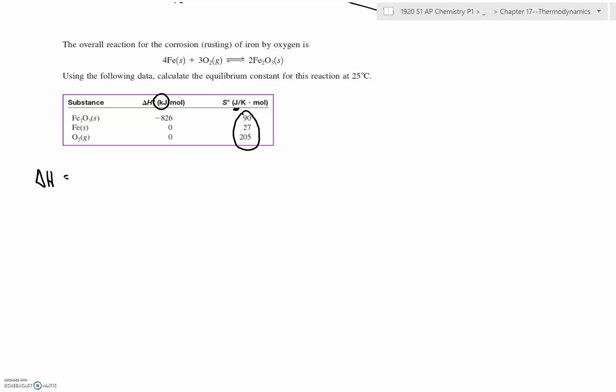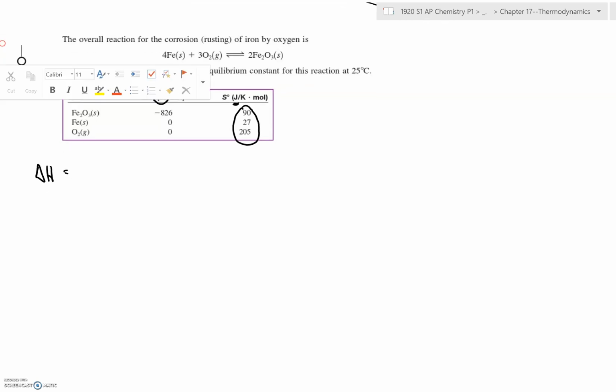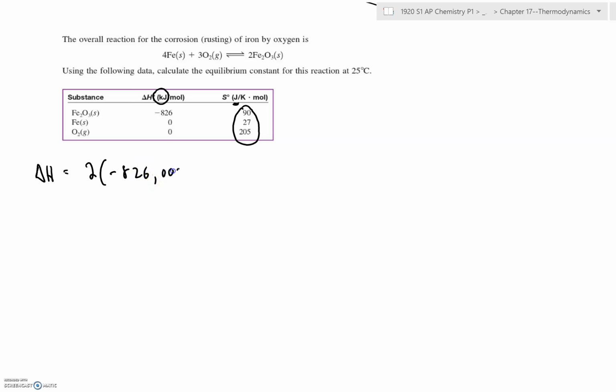So we're going to do this using all these delta H's from the reaction. And what we know is that the delta H for this reaction is going to be 2 times negative 826,000 joules minus nothing. Those are both 0, so that makes it easy. That gives us negative 1,652,000 joules.